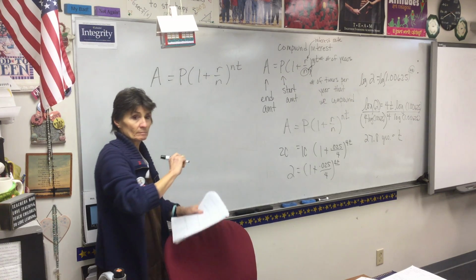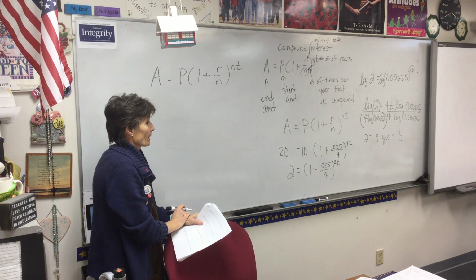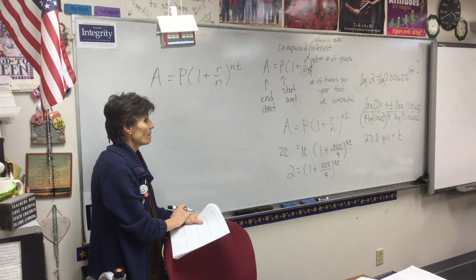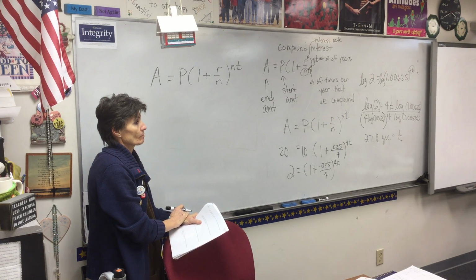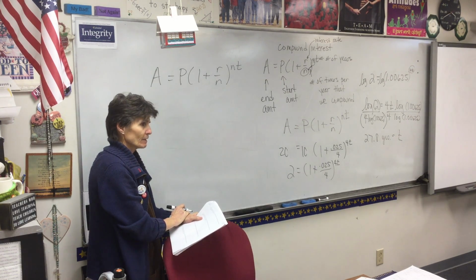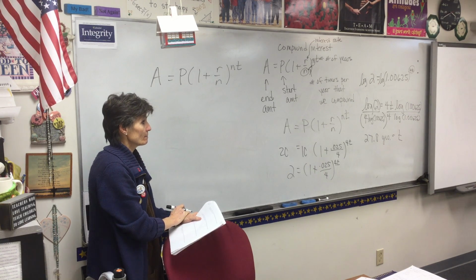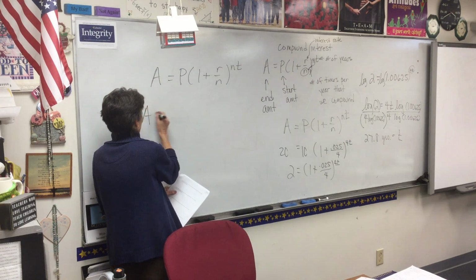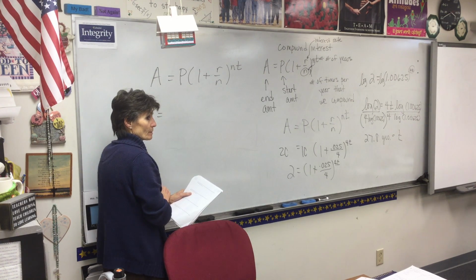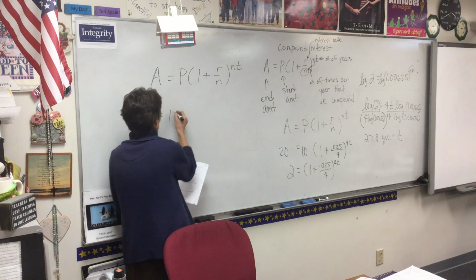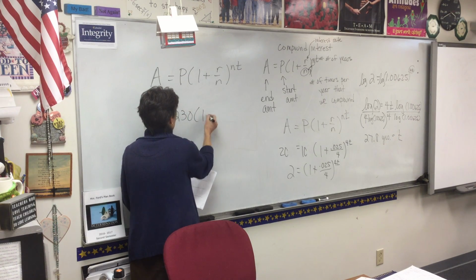Same formula? Clue is compounded monthly. I don't think we're finding t again. We're finding A, aren't we? How much are we going to end up with if we start with 1230?